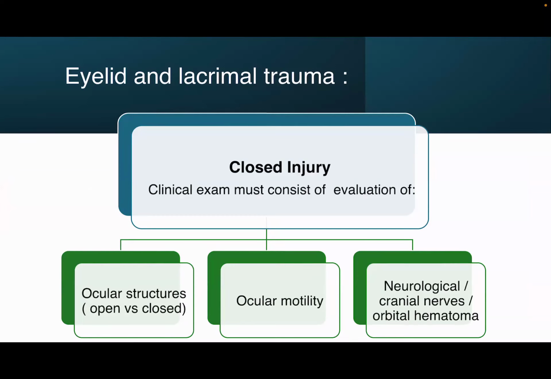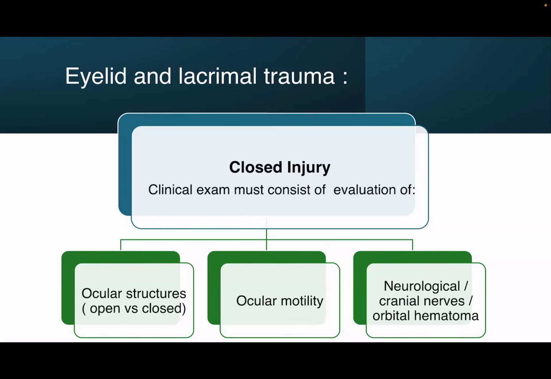We are evaluating the eye anyway, so ocular structures should be evaluated thoroughly, like any other ocular trauma. Even if we think that the trauma involves the periocular structures or adnexa only, we have to look carefully for associated ocular injuries. Even if the mechanism is blunt, we have to look for a rupture injury.